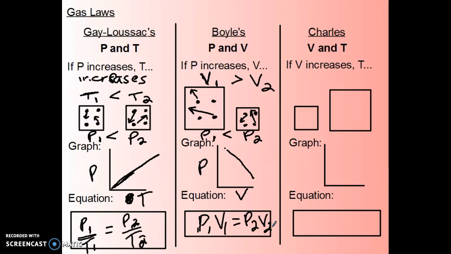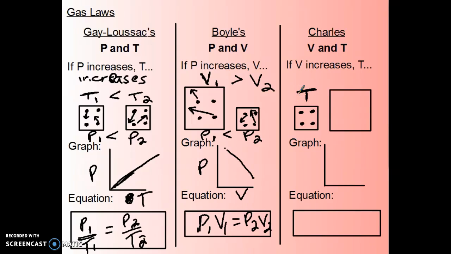Okay. Then finally we move on to Charles' law, volume and temperature. So if we were to start with a smaller volume here and a certain temperature, and maybe it's easier to think about it with temperature.